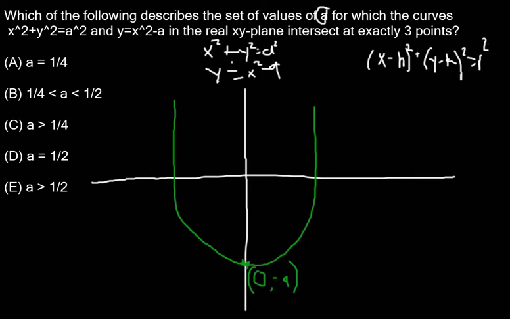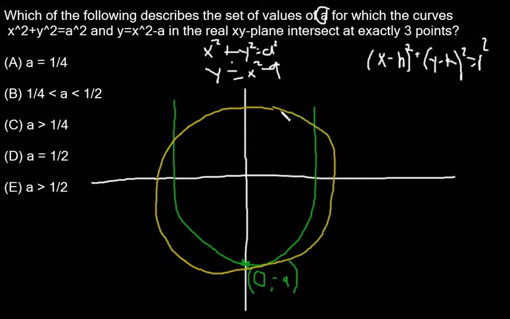Let's draw it in this yellow color. We're going to draw a circle. So we have this very ugly looking circle right here, but it'll do, all right?